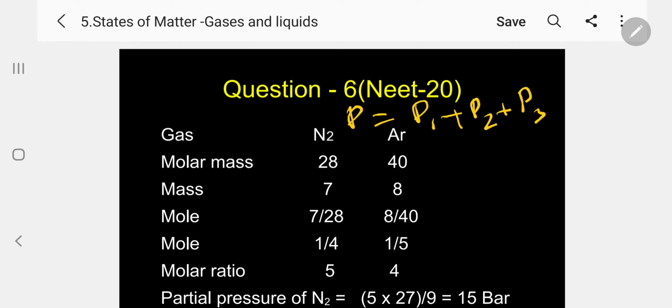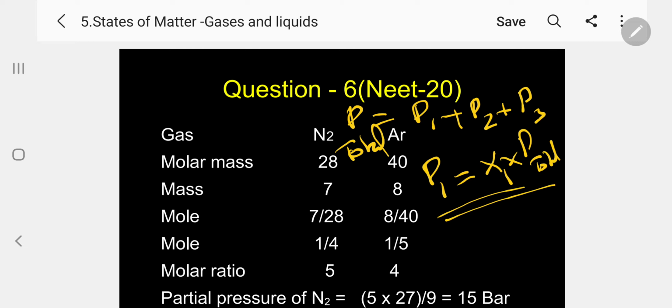This is the law. According to Dalton's law, the total pressure of a mixture is equal to the sum of the partial pressures of the mixing gases 1, 2, 3, etc. What is partial pressure? We can even calculate the partial pressure, nothing but x1 into total pressure. So you can even calculate this. This also you must have the tricks.